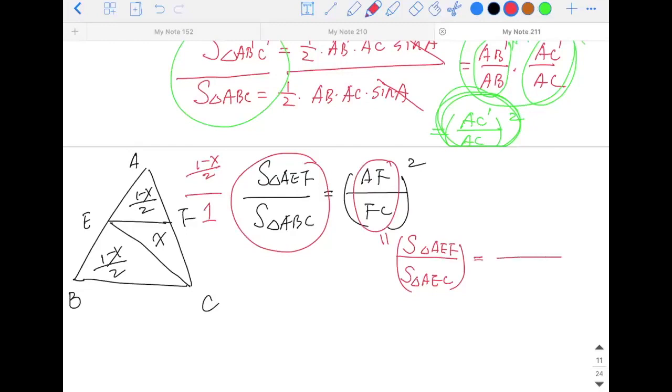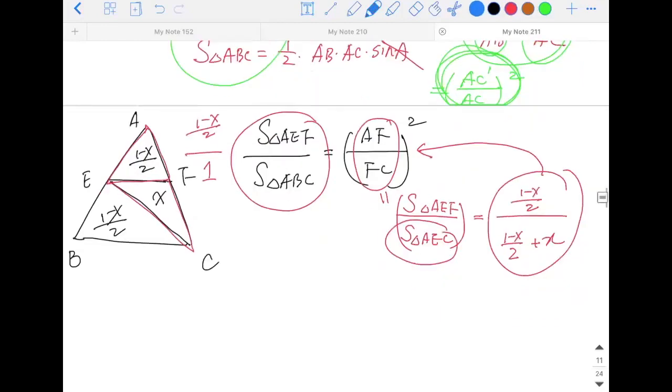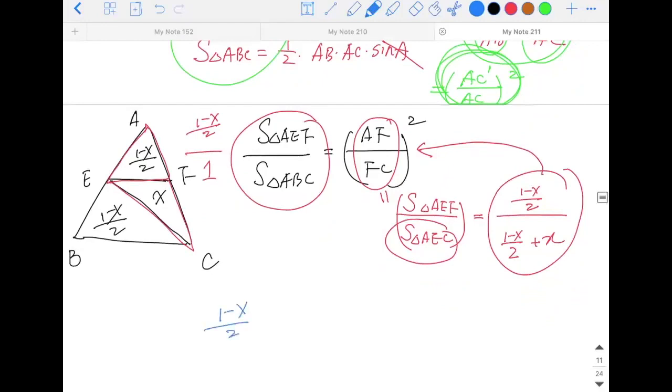So that means AEF is 1 minus x divided by 2. AEC is actually AEF plus EFC, right? So that means 1 minus x divided by 2 plus x. You just have to plug in here and you are good to go. So 1 minus x divided by 2 over 1 equals 1 minus x divided by 2 divided by 2 plus x, perfect square.